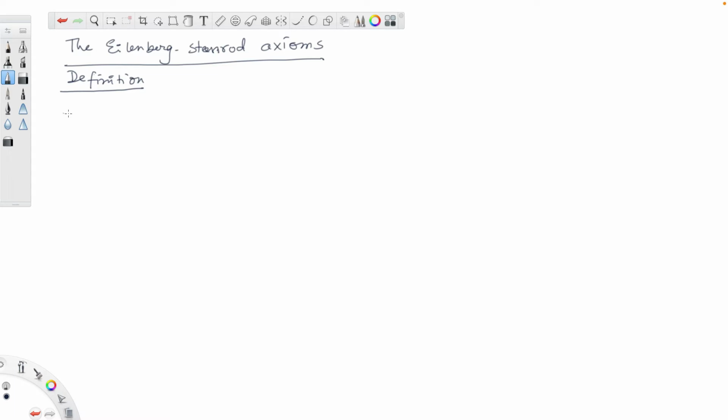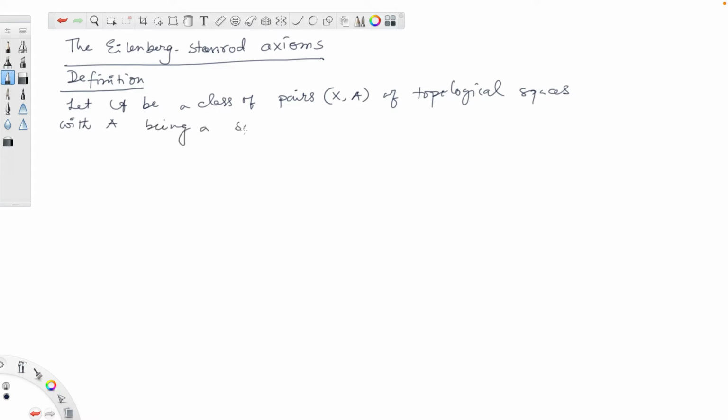Let calligraphic A be a class of pairs (X, A) of topological spaces, with A being a subspace of the topological space X, such that the following conditions are met.